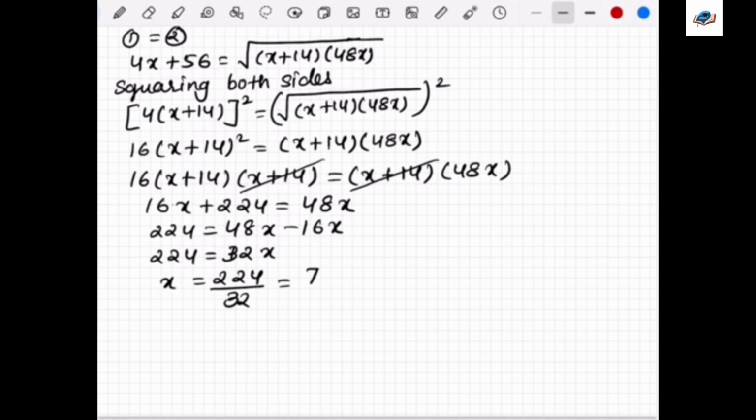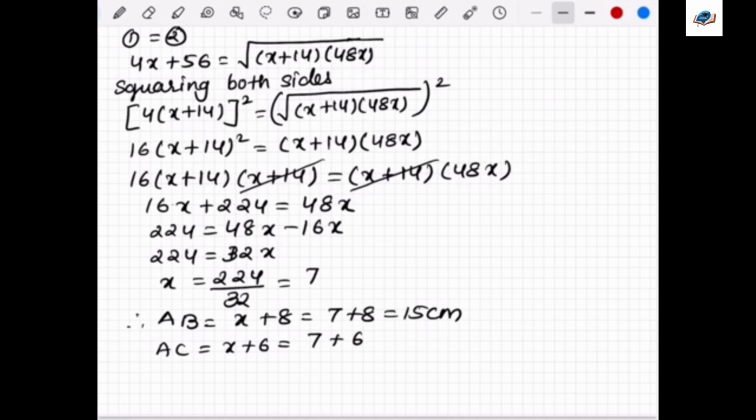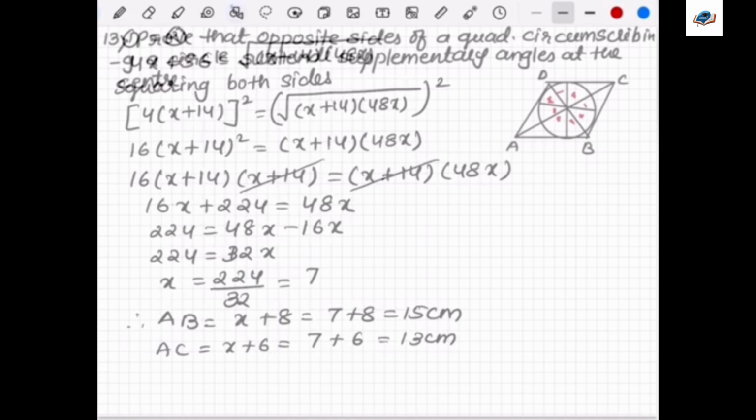Now next question says prove that opposite sides of a quadrilateral circumscribing a circle subtend supplementary angles at the center. So the diagram I have drawn: ABCD is a quadrilateral which is circumscribing a circle, and I have joined all the things.